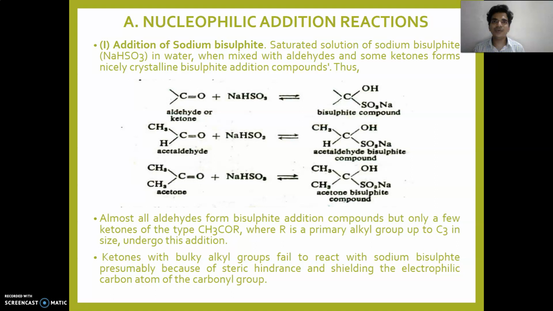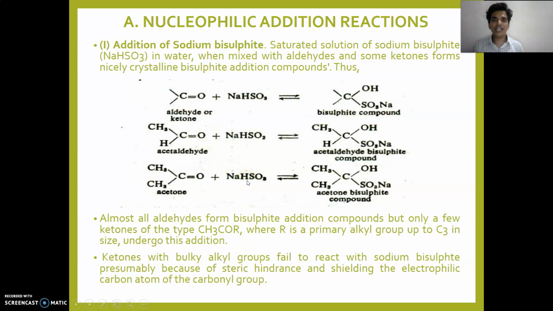The first reaction is nucleophilic addition, first the addition of sodium bisulfite. A saturated solution of sodium bisulfite in water, when mixed with an aldehyde or ketone, forms a nicely crystalline bisulfite compound.